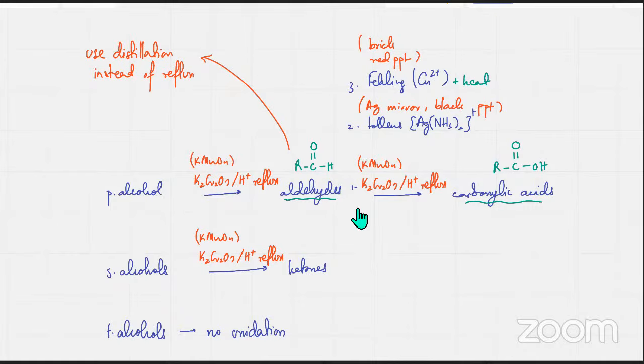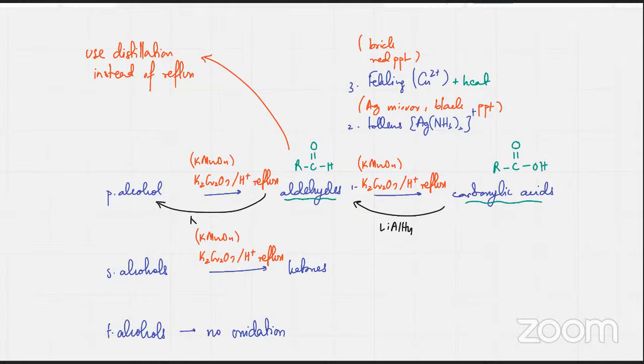Okay. There's another thing, and that is you have to know the opposite as well, the reverse. The reverse is reduction. So the same thing could be reduced as well. You can go back from carboxylic acid to aldehydes. In that case, you'll use LiAlH4, which is your reducing agent. And the aldehyde could be reduced to primary alcohol as well.